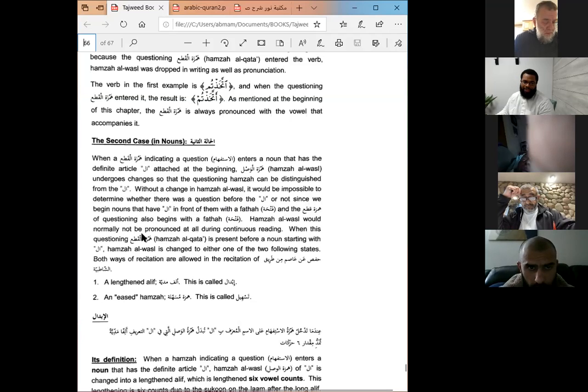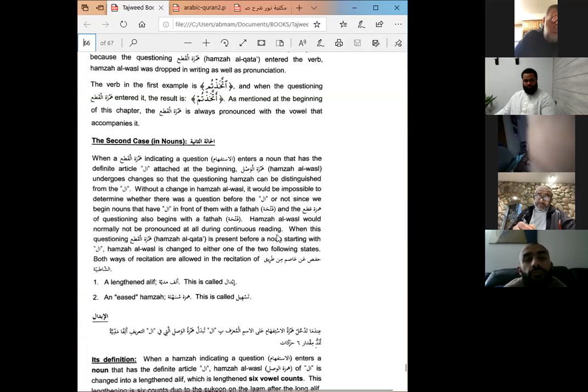Hamzatul Wasl will normally not be pronounced at all during continuous reading. When this questioning Hamzatul Qata' is presented before a noun starting with al, Hamzatul Wasl is changed to one of the 2 following states. Both ways of recitation are allowed in the recitation of Hafs an Tariq Asim and Tariq al-Shatibiyyah.